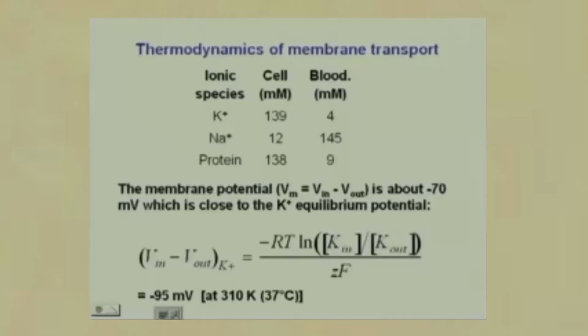What is this potential? It is a membrane potential we are talking about. Why do we have a membrane potential? Because we have different amounts of charged species on either side of the membrane. So, that is going to give rise to a membrane potential. It is also going to give rise to a concentration gradient, and in the calculation of the delta G, we have to utilize not only the concentration gradient, but also the membrane potential.